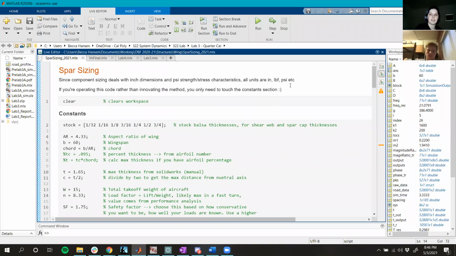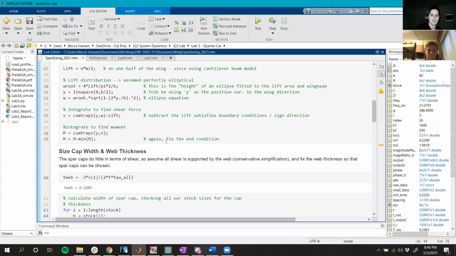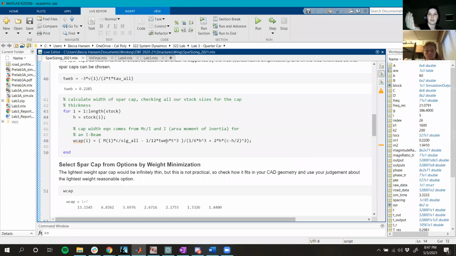If you're not trying to change the methodology of it, literally all you do is change these inputs and you run it. The rest of the computation is just for balsa, for a lift distribution.